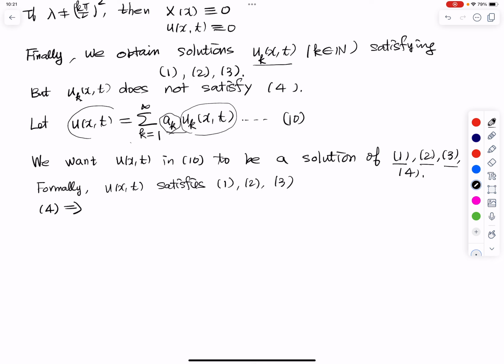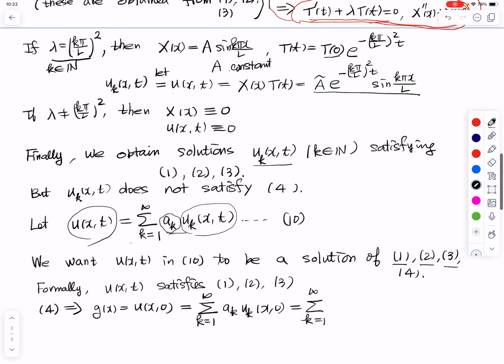This one satisfies equation 4. Equation 4 is this: g(x) equals u(x,0). And then you plug t equals 0 here. That would be the summation, k from 1 to infinity, a_k u_k(x,0). So then I got this one, k from 1 to infinity. Let me change notation here.